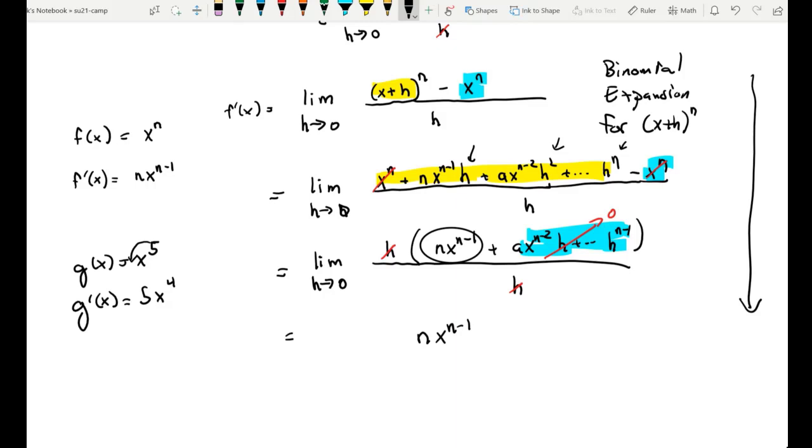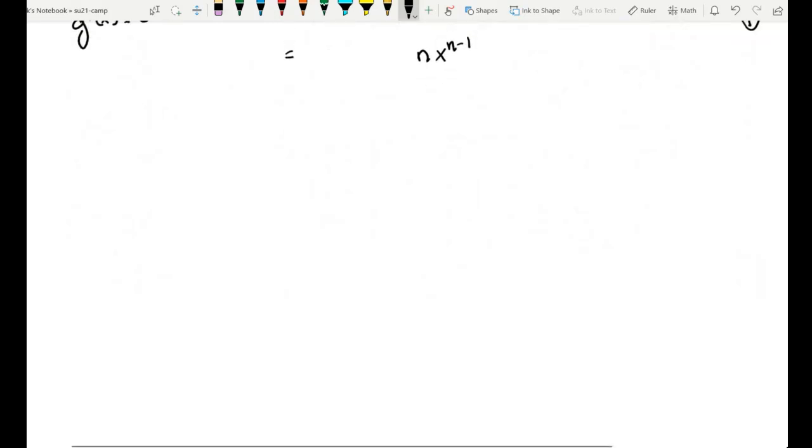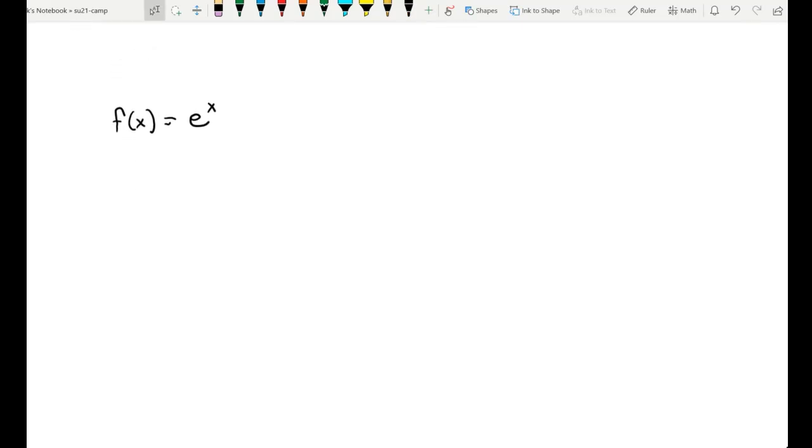So now let's look at one of the superstars of calculus and, I guess, math. Namely the exponential function. So we have e to the x.